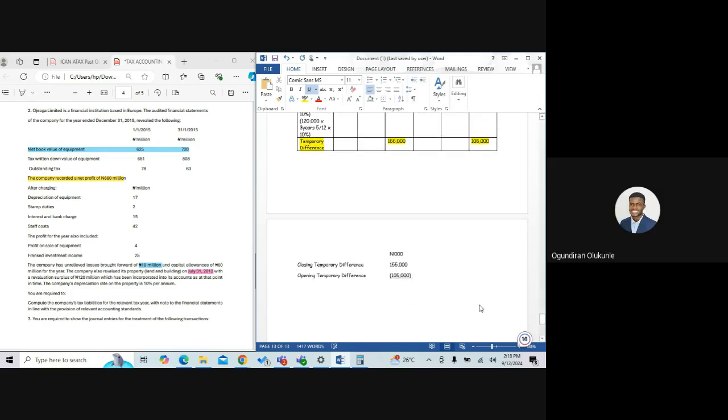All right. So what's the net temporary difference now, which is going to be a deductible temporary difference? How much is that? 155 minus 105.